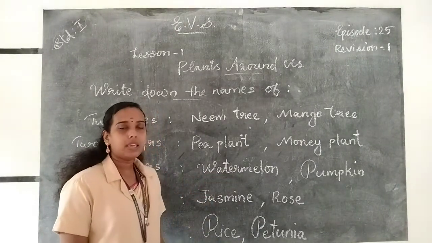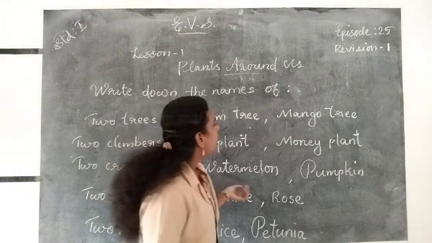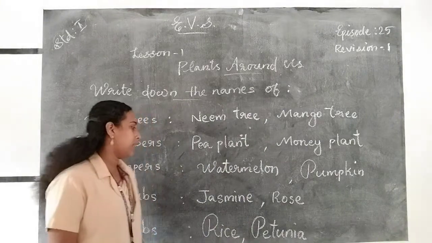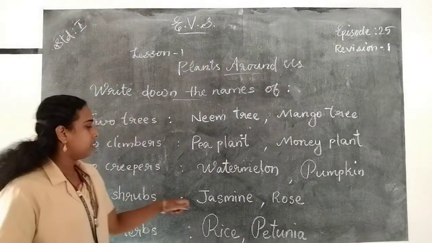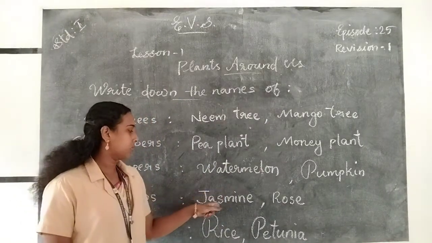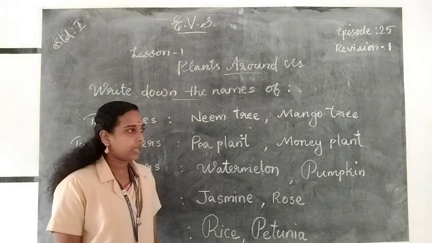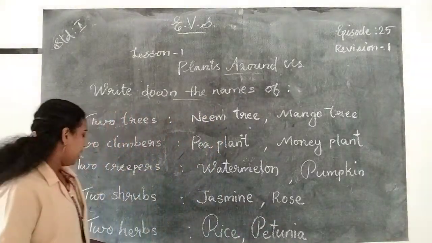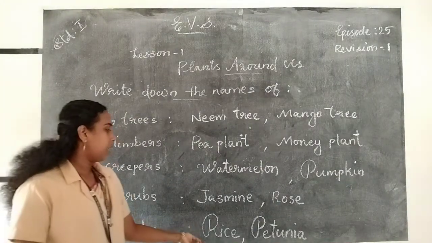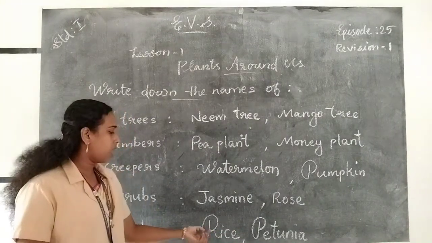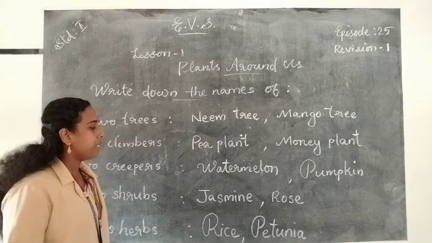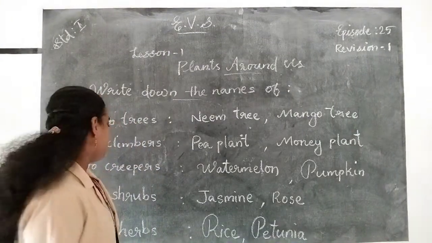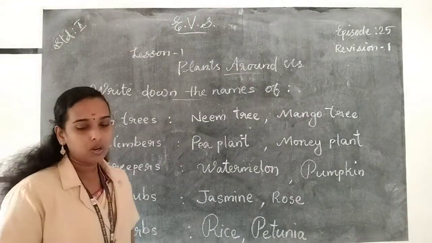Then two herbs: petunia. R-I-C-E, rice. P-E-T-U-N-I-A. Rice and petunia are examples for two herbs.